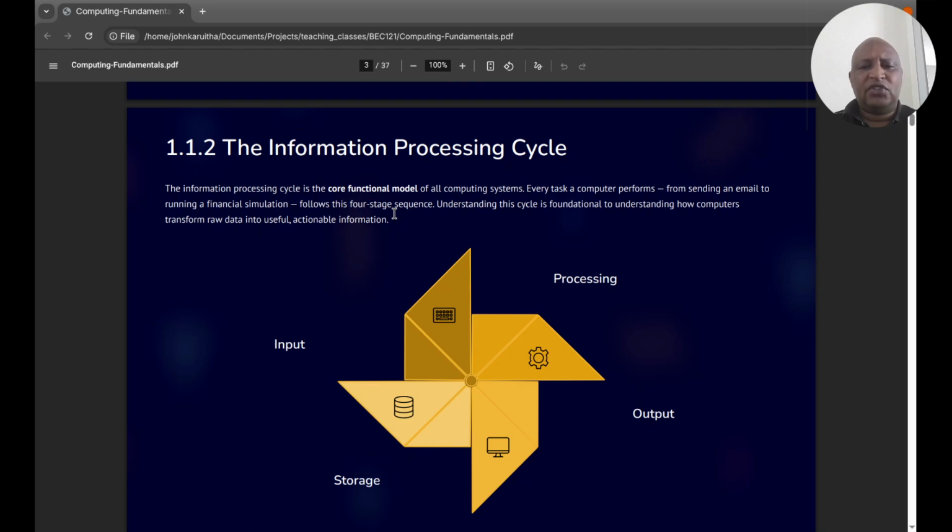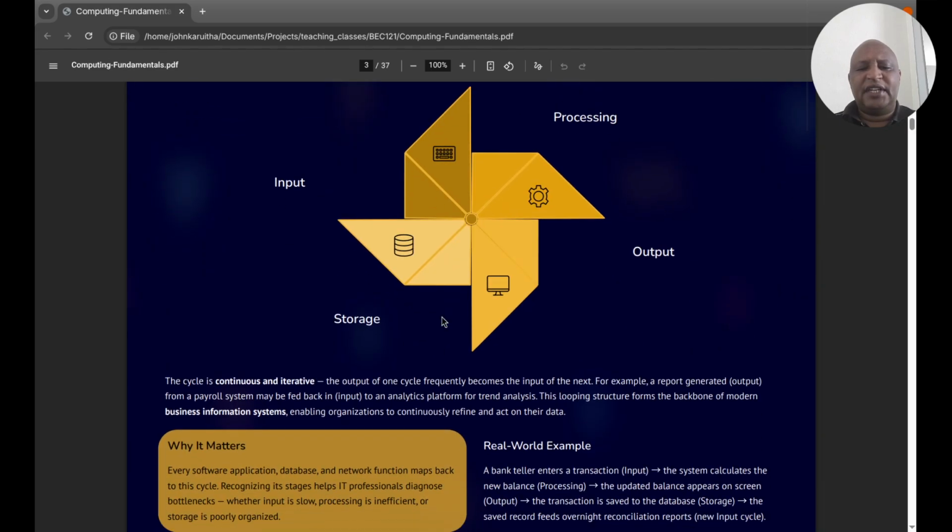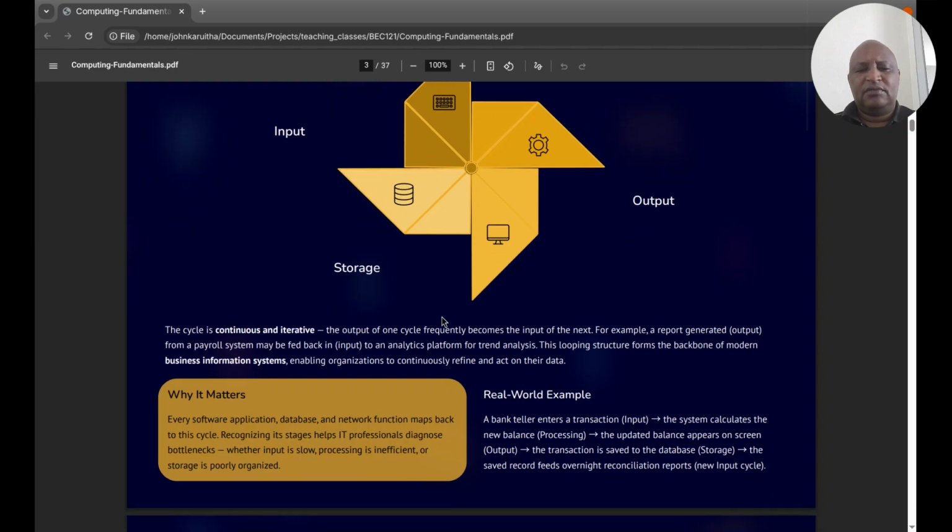It is the core functional model of all computing systems. Every task that a computer performs, like sending email and simulating some data, follows a four-stage sequence. Usually we have an input, which is processed, becomes an output, and that output is stored somewhere so that it can be shared with other users.